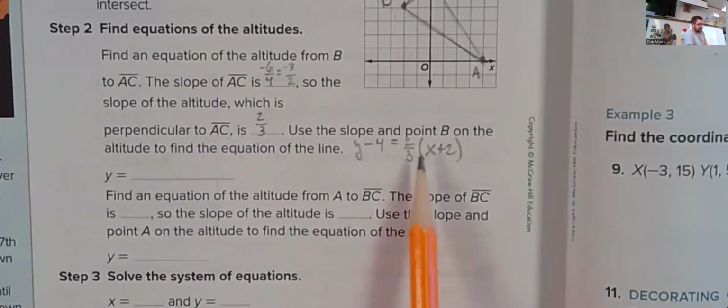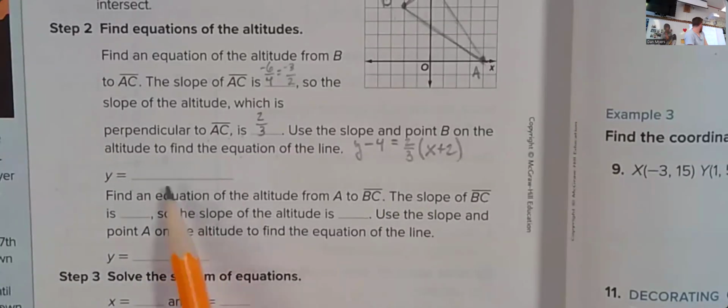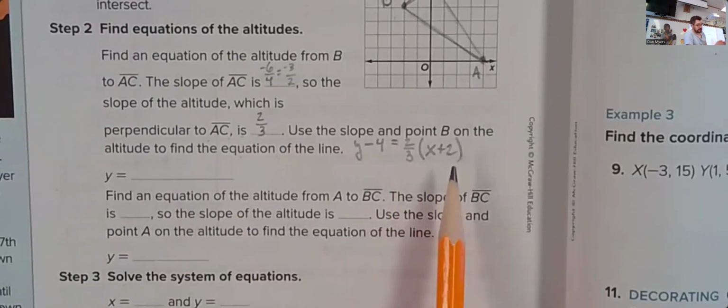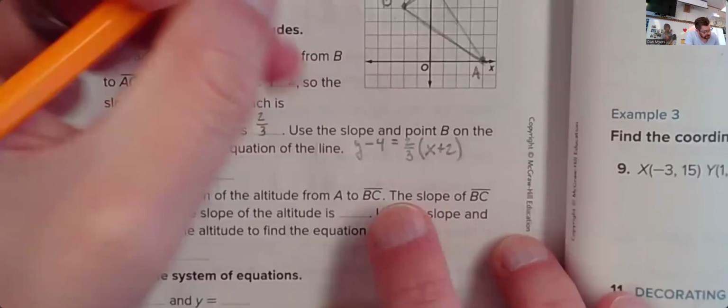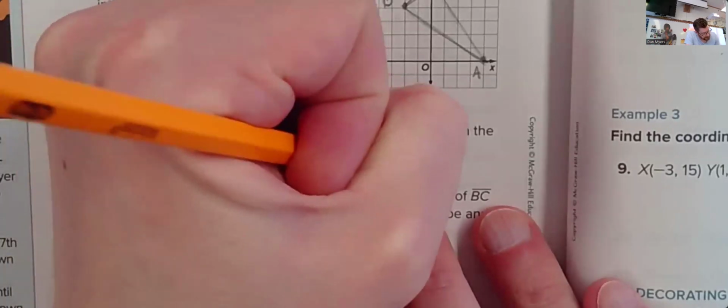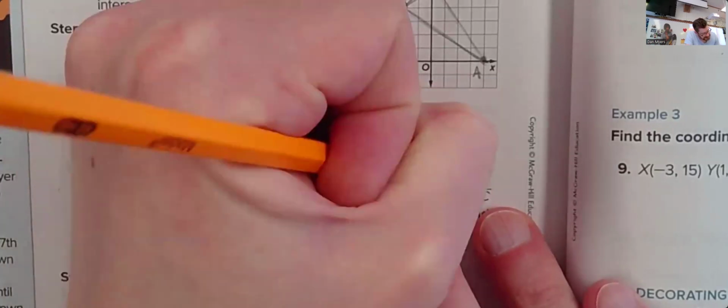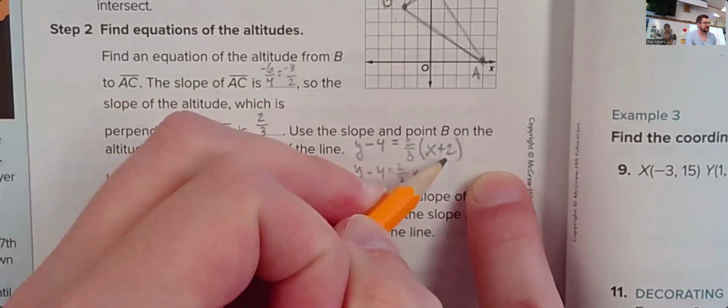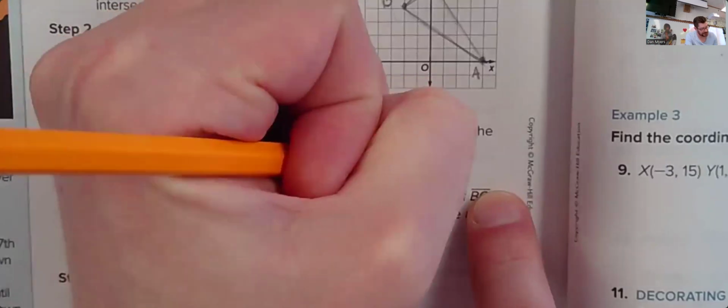The reason we're doing this math is because it wants us to write the equation in slope-intercept form, so we have to distribute the 2/3. So that'll be y minus 4 equals 2/3 x, and then 2/3 times 2, just multiply the numerator by the whole number. 2 times 2 is 4, so that'll be plus 4/3.